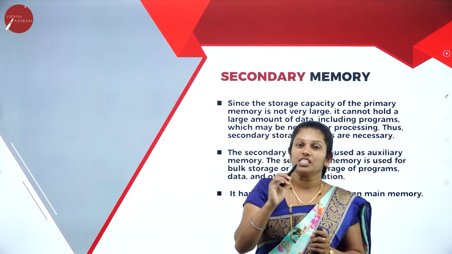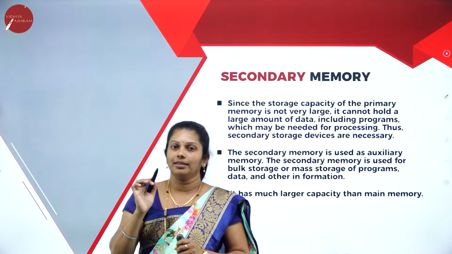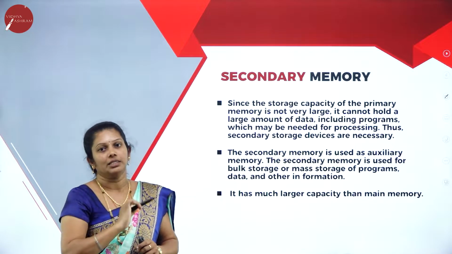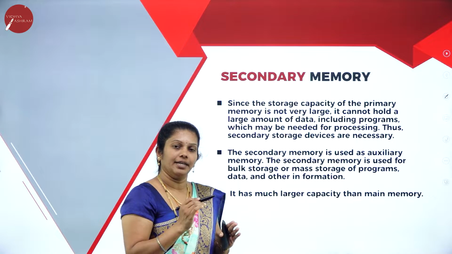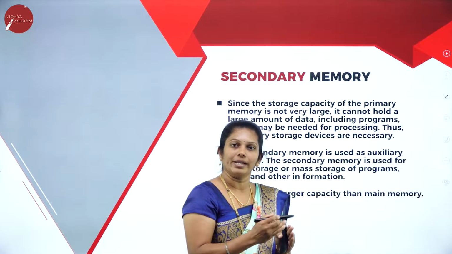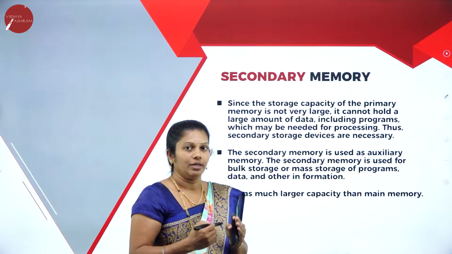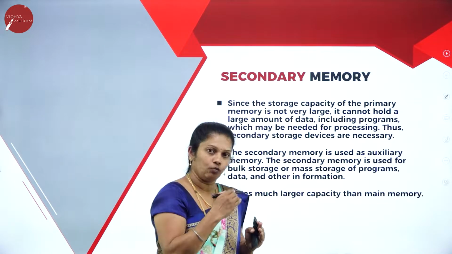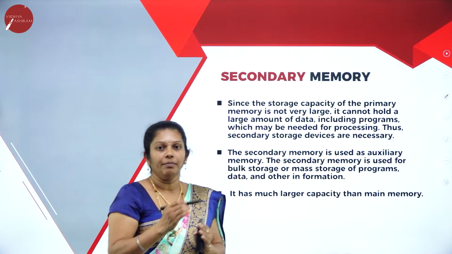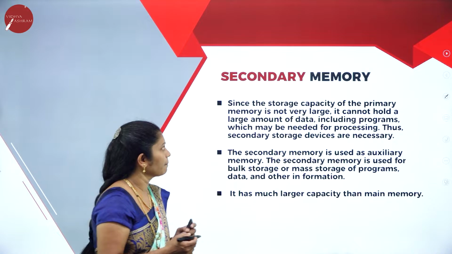On speed, the primary memory is very fast, and only primary memory can interact with the CPU. Secondary memory stores a huge amount of data, but its speed is very low. When you want to store the data permanently for future purpose, at that time we need secondary memory.